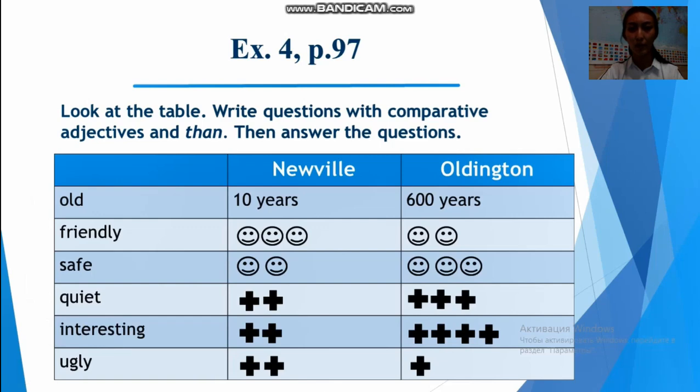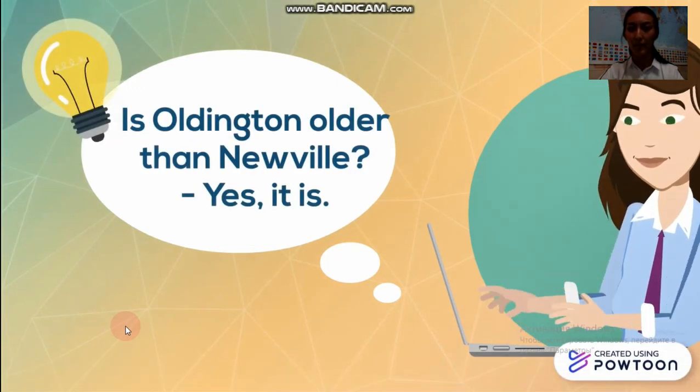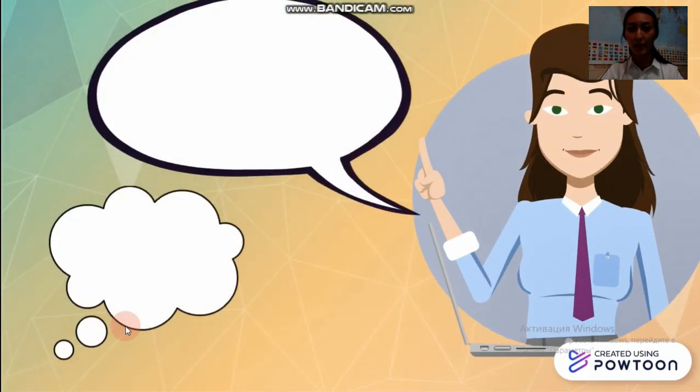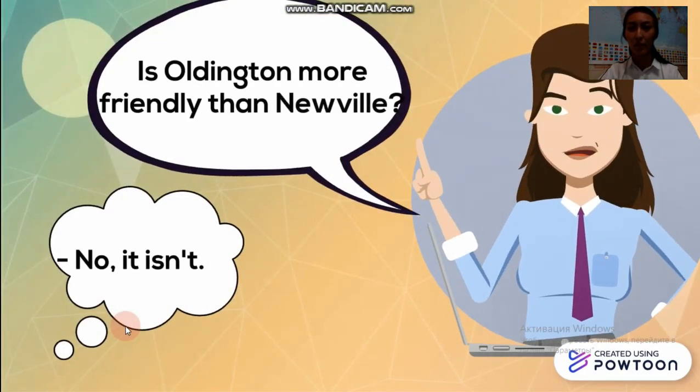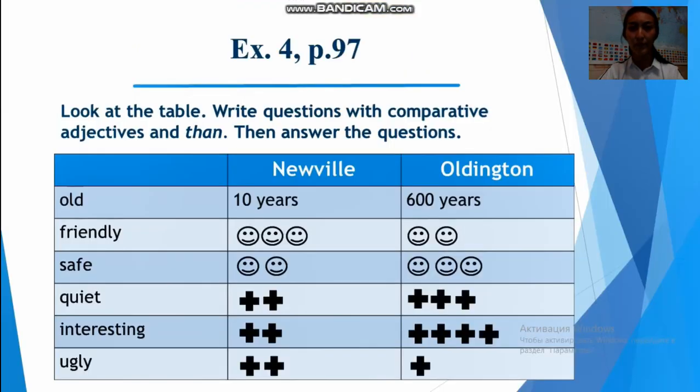Also, you should answer them. For example, is Oldington older than Newville? Yes, it is. Is Oldington more friendly than Newville? I hope that these examples were useful for you. You should do the same with the rest.